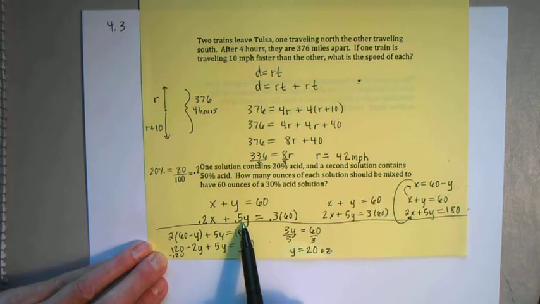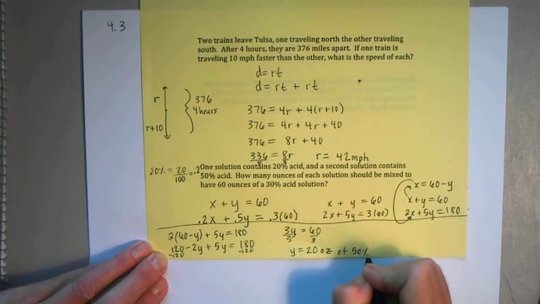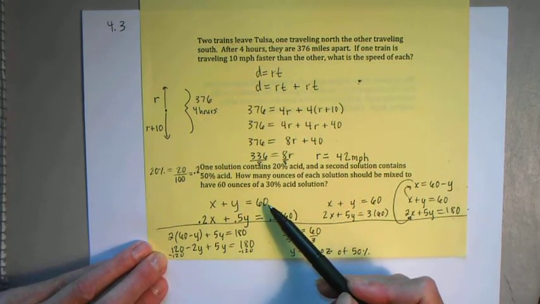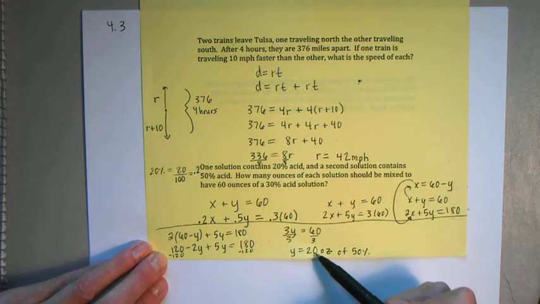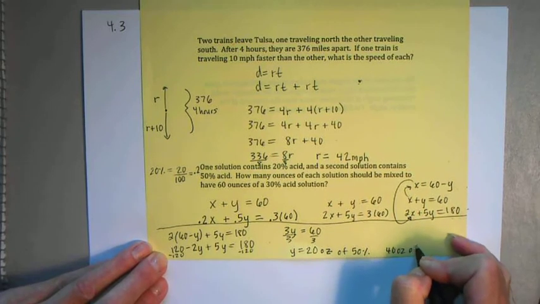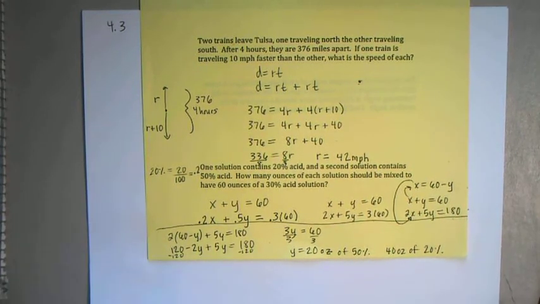So if they ask you, you need 20 ounces of the 50% solution. And if they're going to add up to 60 and you just use 20, that means that you will have 40 ounces of the 20% solution. And that's the answer.